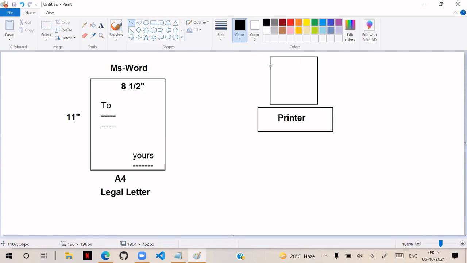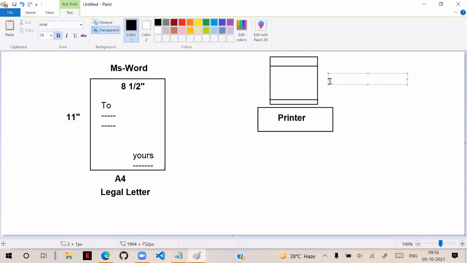I think many of you know that company letterhead means the company logo will be at the top, and company address and contact details at the bottom. We have to print the letter between that, and every company letterhead has a different size. For example, this paper size is 10 inches height and 7 inches width.